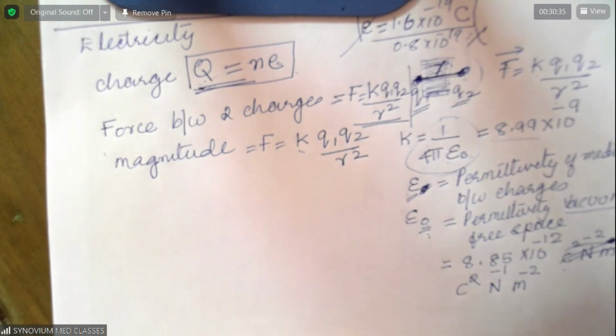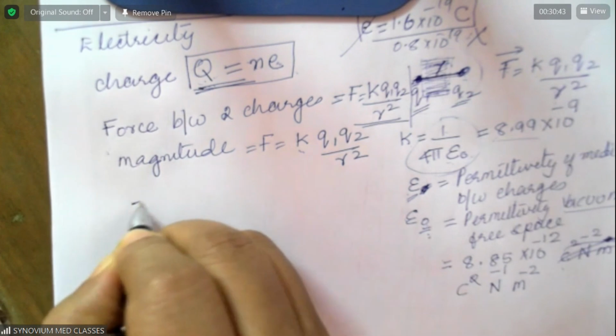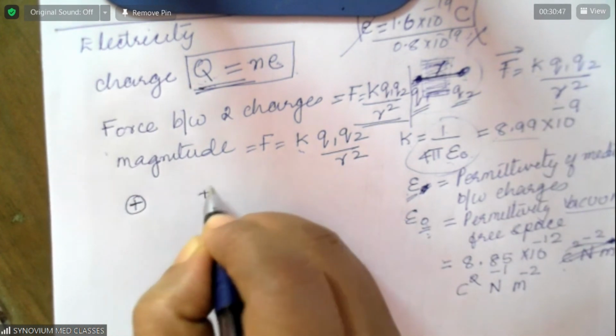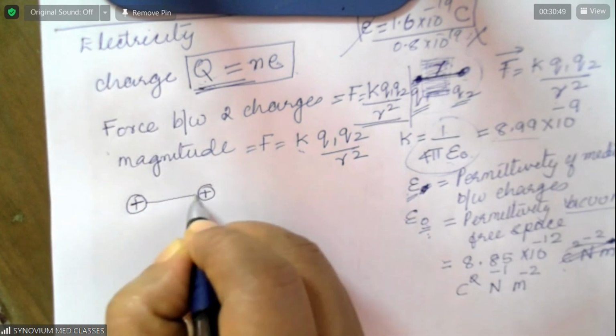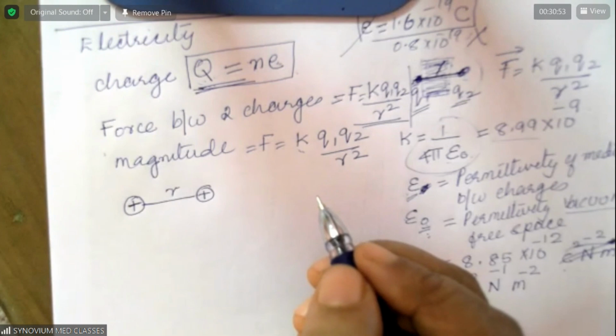How can you have this? This R is not the radius. If you have a plus charge and another one here, the distance between them is R. It's not a radius here.